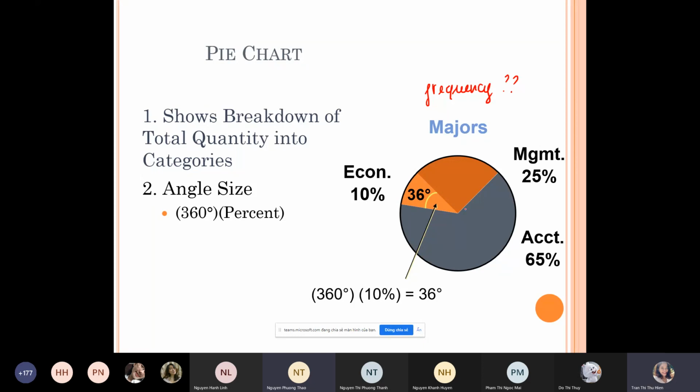And this is 100%. So you have to share for each measure. I mean that when you use the pie charts, you have to use the proportion or relative frequency to present the data.